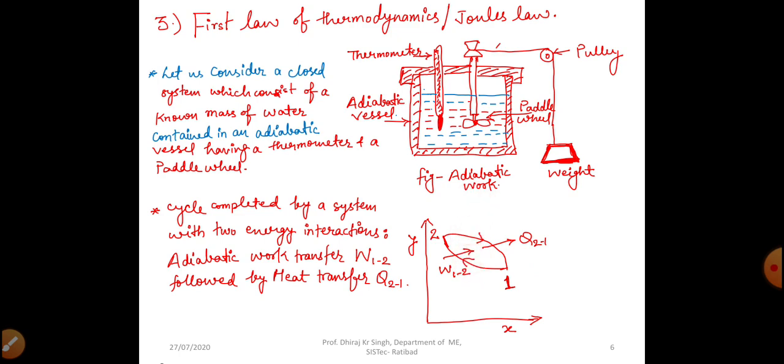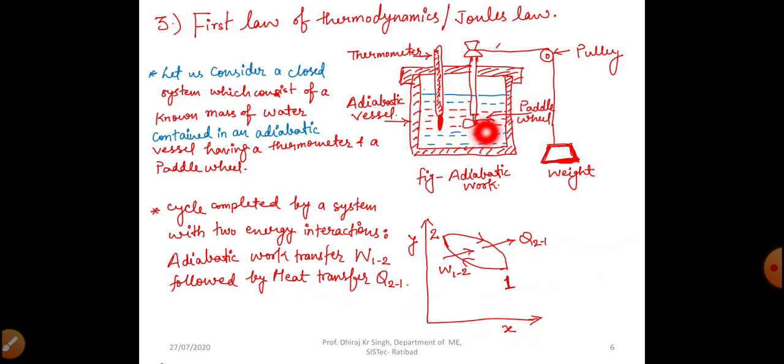Now what we will do, let us remove this insulation. If I remove this insulation of this adiabatic vessel, then the system and surrounding will interact with each other by heat transfer till the system returns to the original temperature T1.